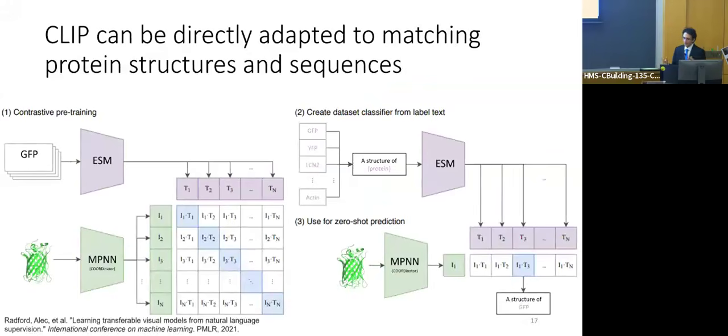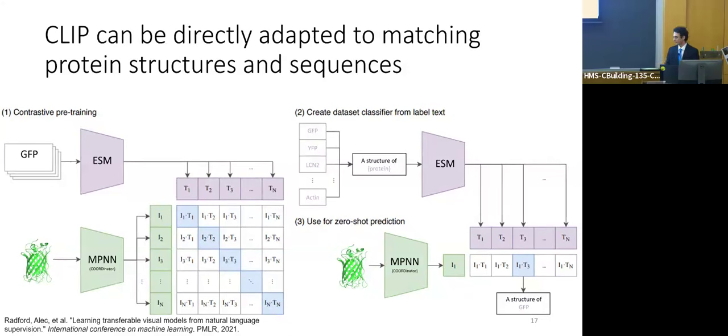Perfect. So when we do this sort of control replace to translate CLIP over to proteins, we need to come up with different architectures. We're not going to use GPT-2. We're not going to use whatever ResNet architecture they used in CLIP. We use ESM for our text encoder. And for the structure, we use a graph-based message passing neural network. We use Coordinator, which is very similar to ProteinMPNN, which maybe is more widely recognized.